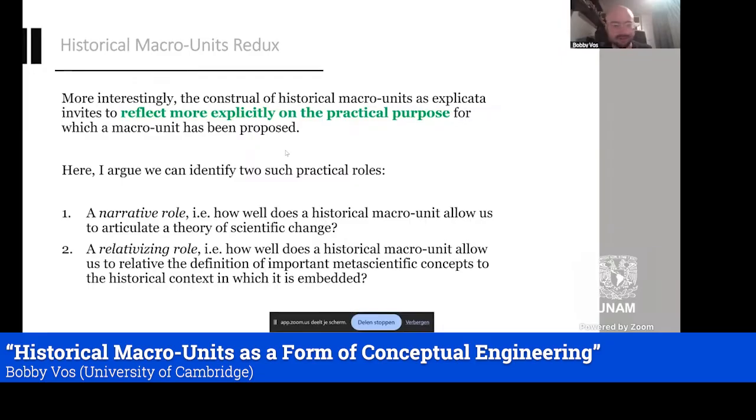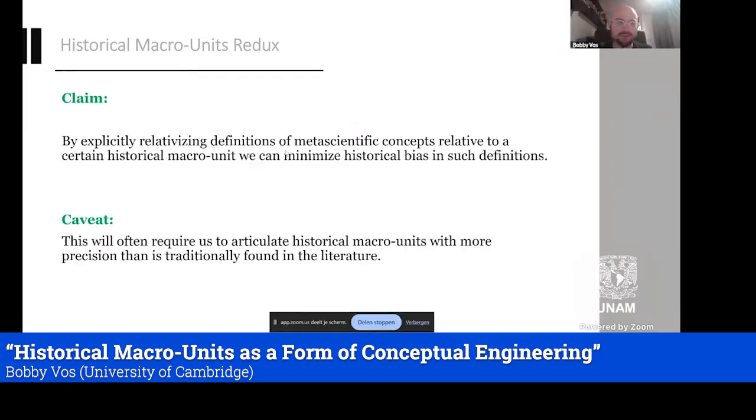I see I have about 9 minutes, but that's fine. Picking up on that observation that we can distinguish between these different roles for historical macro units, I then advance the claim, which I will illustrate briefly in the next few minutes, that by explicitly relativizing definitions of meta-scientific concepts to a certain instance of a historical macro unit, we can minimize historical bias in our philosophical definitions of important meta-scientific concepts.